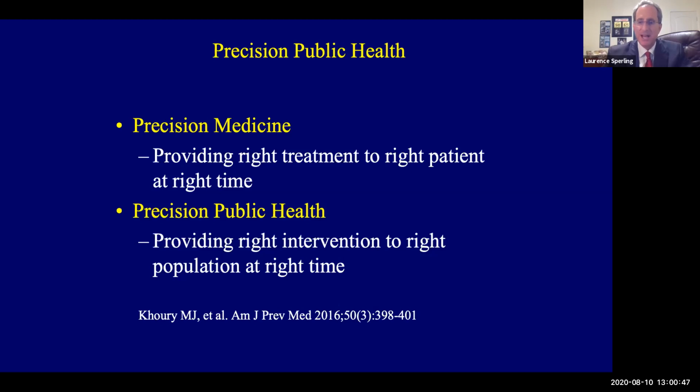We absolutely have the know-how to do better with population health. A term called precision public health, I think, is an important one, coined by Mew and Curry from the CDC. So precision medicine is providing the right treatment to the right patient at the right time. Precision public health is providing the right intervention to the right population at the right time. Next slide.